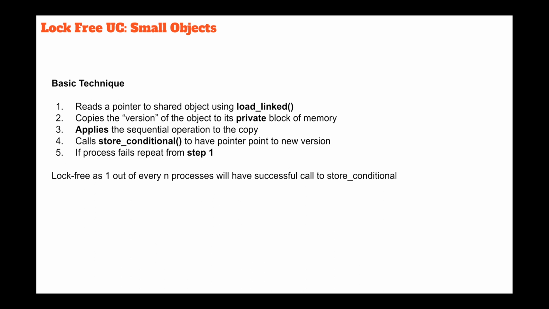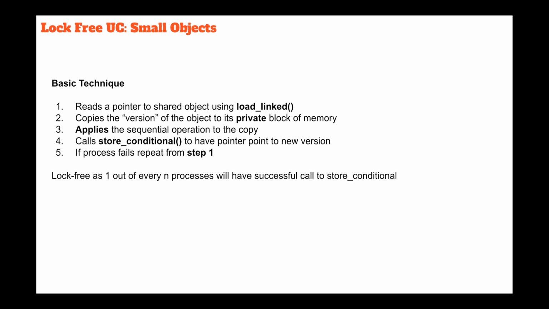We read a pointer to the shared object using load linked. We copy the current version to our private memory block. We apply the sequential operation on the copy, and then we call store conditional to have the update from our local copy go to the shared copy.